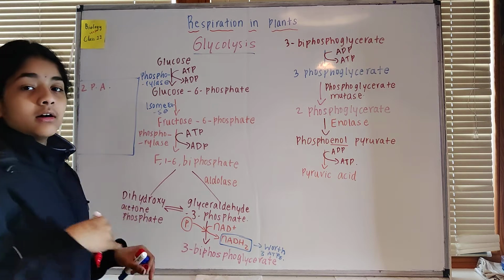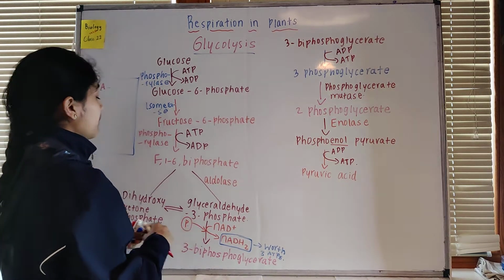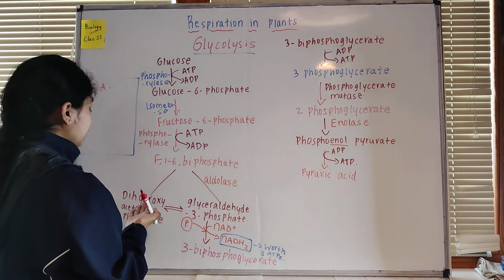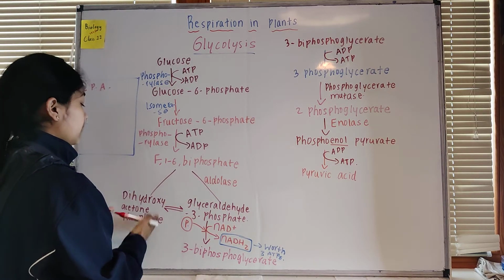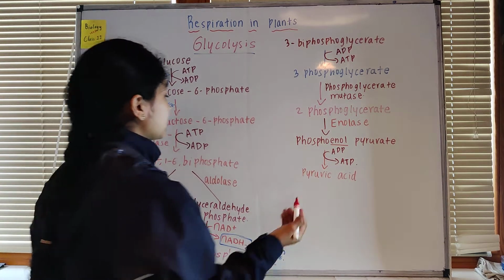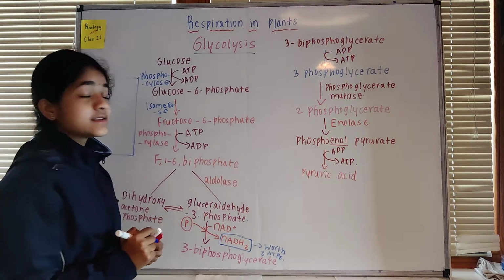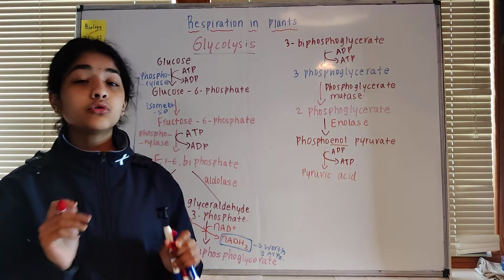So for our understanding, we just took glyceraldehyde 3-phosphate, but this is what is happening with dihydroxyacetone phosphate as well, because these both are isomers, so the same thing happens twice. That's why we get 2 pyruvic acids at the end. That's what glycolysis is, glucose into 2 pyruvic acid.